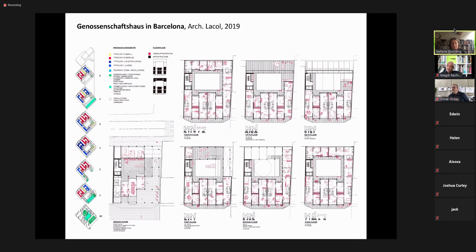So you have a common kitchen, they cook together, they have their common laundry together, they have meeting spaces on the rooftop together, and the red, yellow and blue colors are the different types of living units, which is also really interesting because this structure describes different types of apartment sizes.